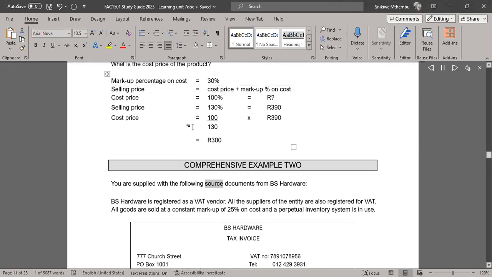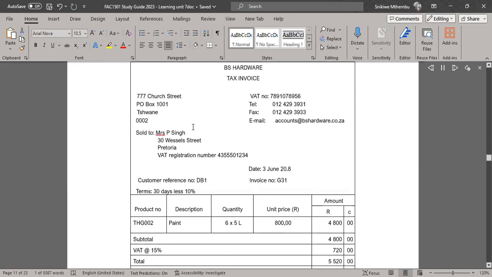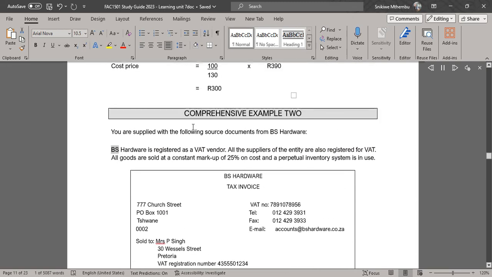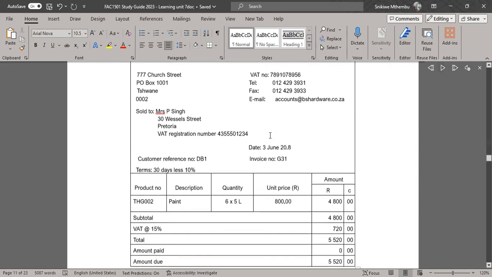Comprehensive Example 2. You are supplied with the following source documents from BS Hardware. BS Hardware is registered as a VAT vendor. All the suppliers of the entity are also registered for VAT. All goods are sold at a constant markup of 25% on cost and a perpetual inventory system is in use.